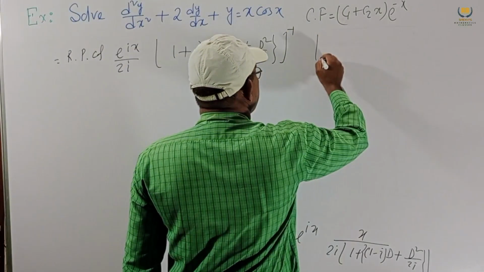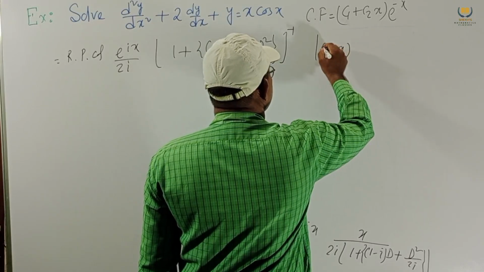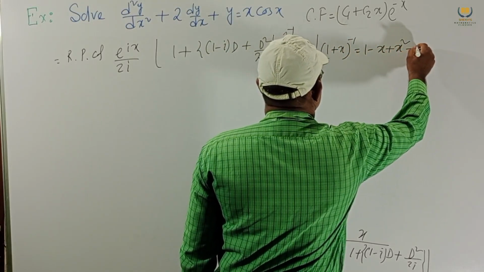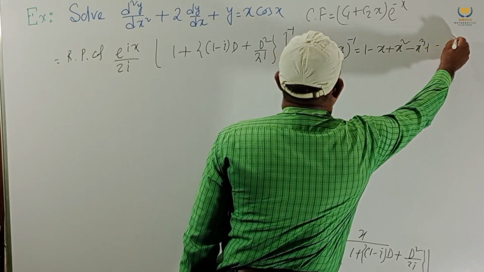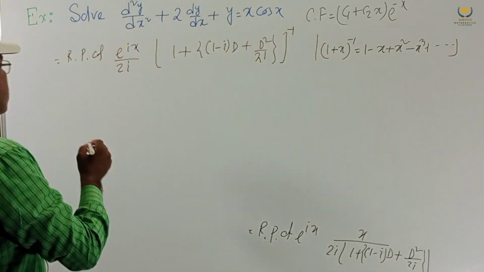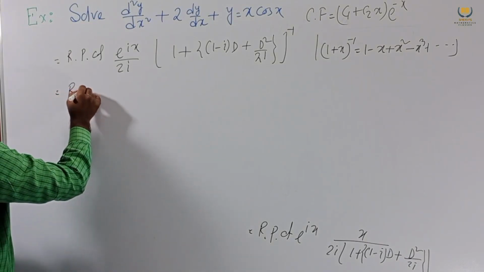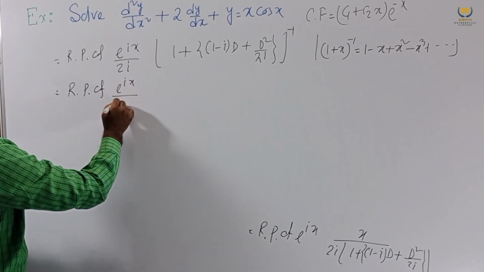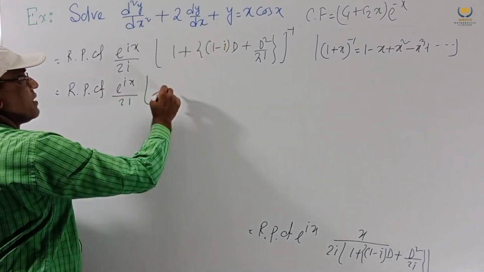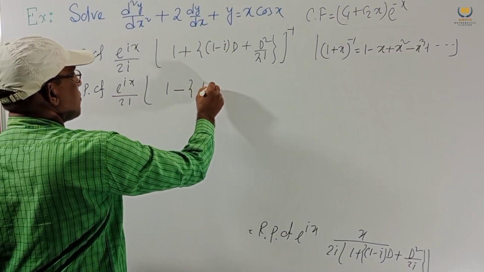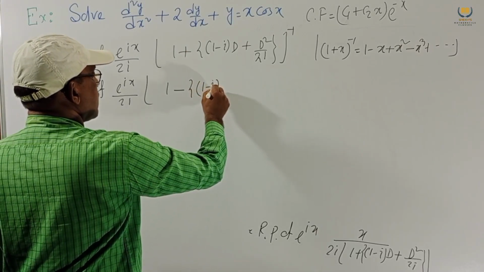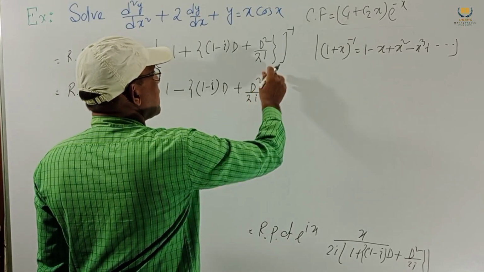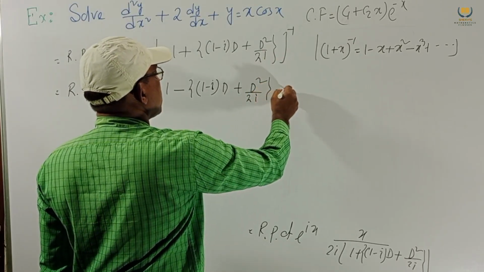But you know this formula: (1 plus x) whole to the power minus 1 equals 1 minus x plus x square minus x cube plus dot dot dot. We know this. So this is real part of e to the power ix by 2i, and we expand this: 1 minus (1 minus i) D plus (D square by 2i) and next will be whole square.